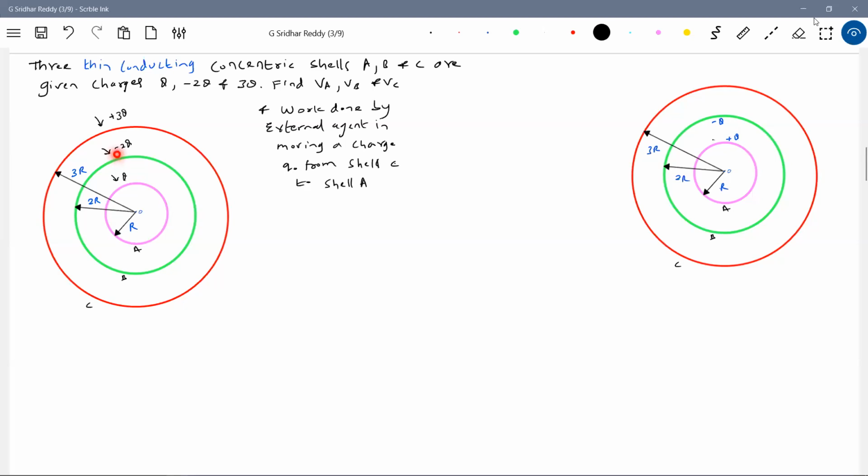The shell B was given minus 2Q, no? Minus Q, the net charge should be conserved. So how much should it be equal to? Minus Q. Then this will induce charge plus Q, 2Q. Okay, this will be the charges on all surfaces.